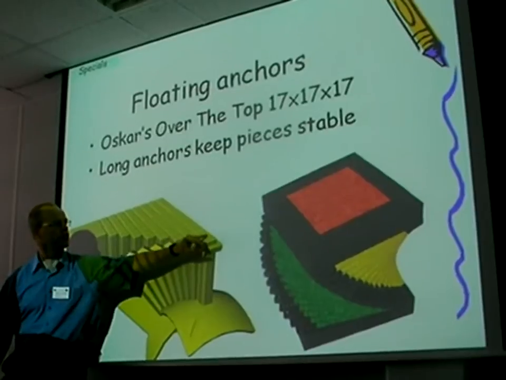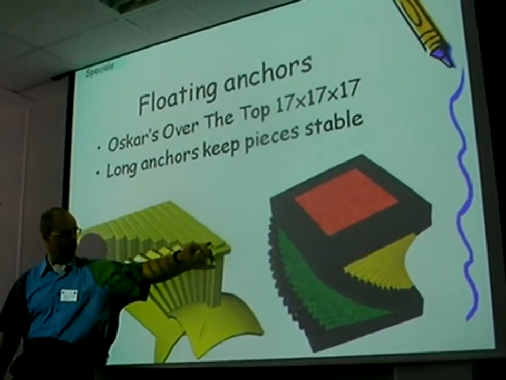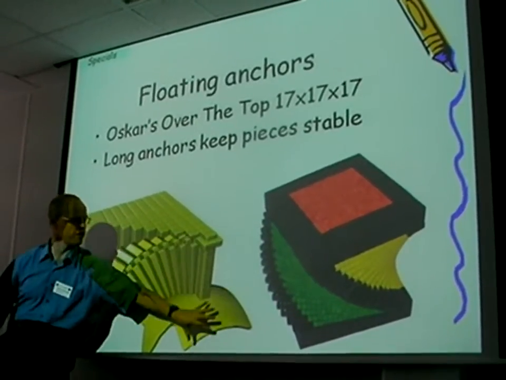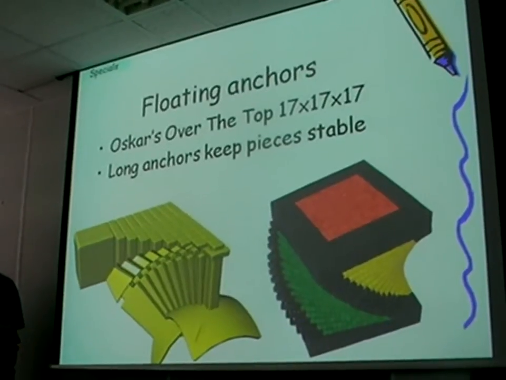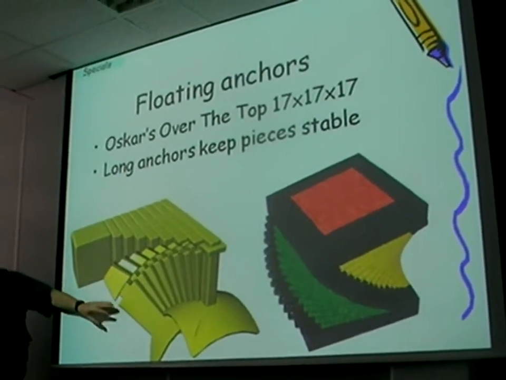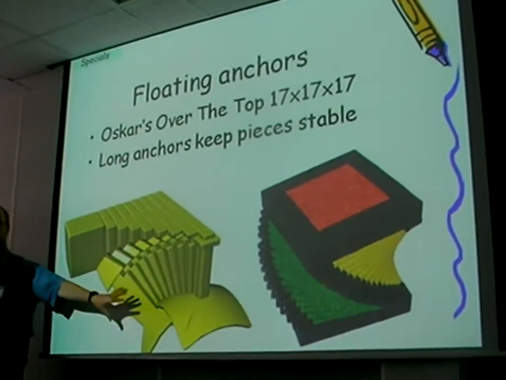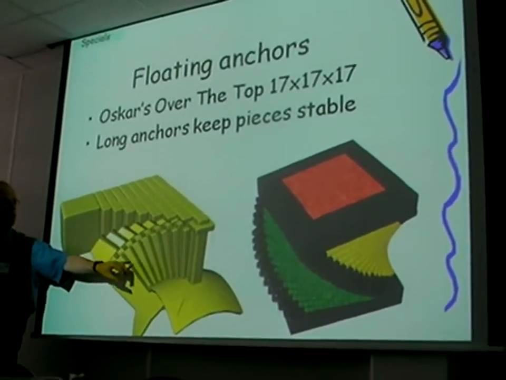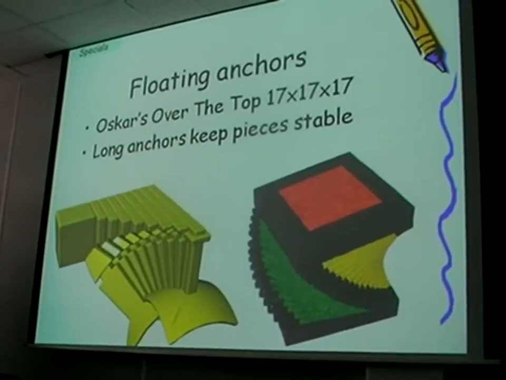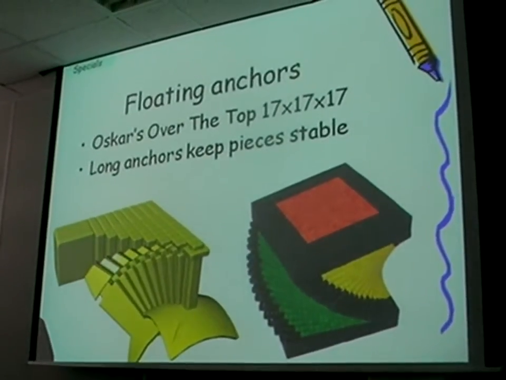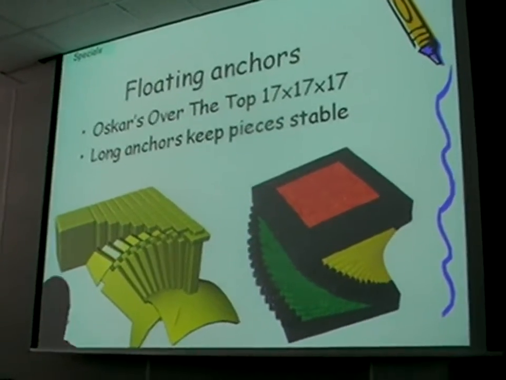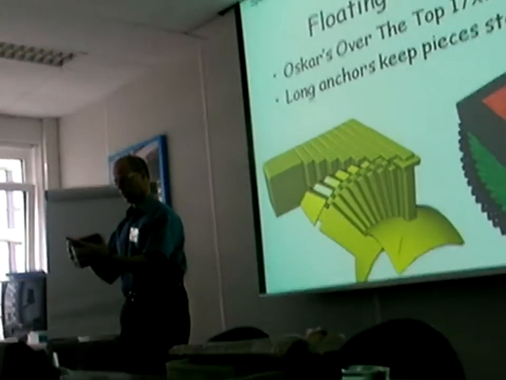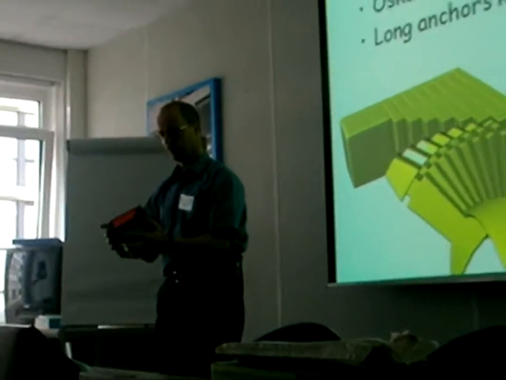This tiny centerpiece is actually the top of a very large piece that's in there. The corners and the edges are hung from that center, and then all these other pieces are anchored to the puzzle with their floating anchors.